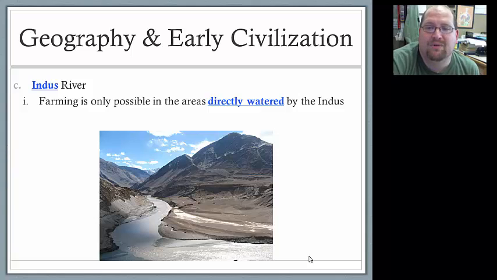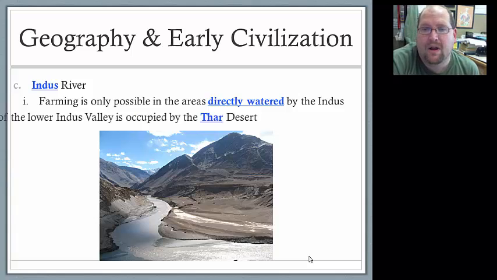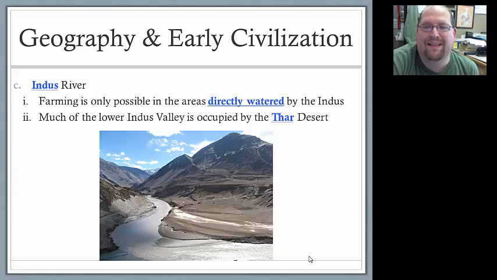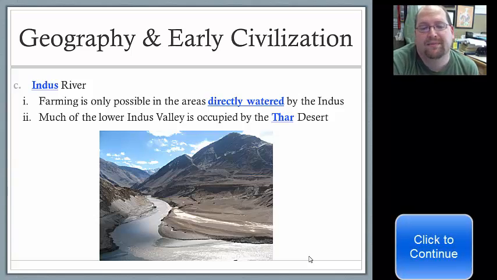Farming was made possible in those areas that were directly watered by the Indus River. Because much of the lower Indus Valley is occupied by the Thar Desert, there are not a lot of other places for people to have lived except next to the river. So once again, we see that the river is what allows people to survive in this harsh environment.